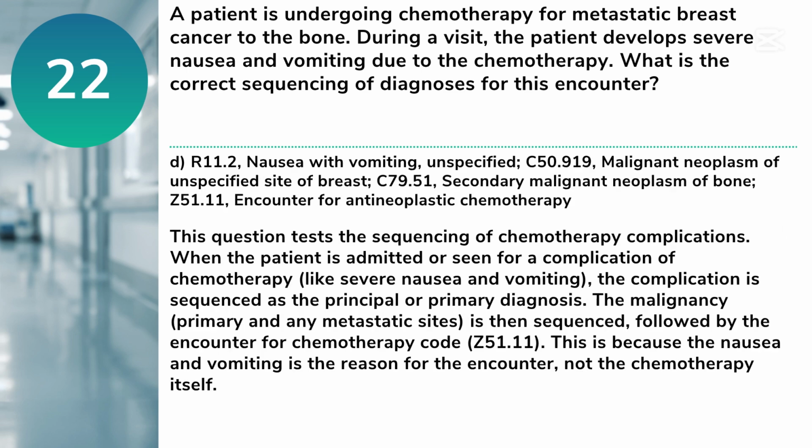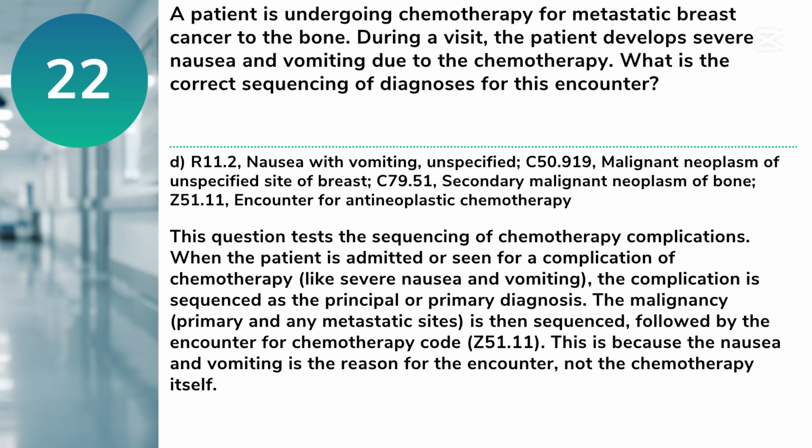Answer, D. R11.2, nausea with vomiting, unspecified, C50.919, malignant neoplasm of unspecified site of breast, C79.51, secondary malignant neoplasm of bone, Z51.11, encounter for antineoplastic chemotherapy. This question tests the sequencing of chemotherapy complications.